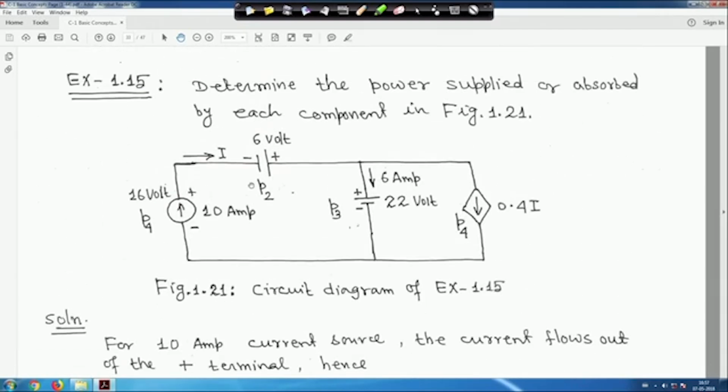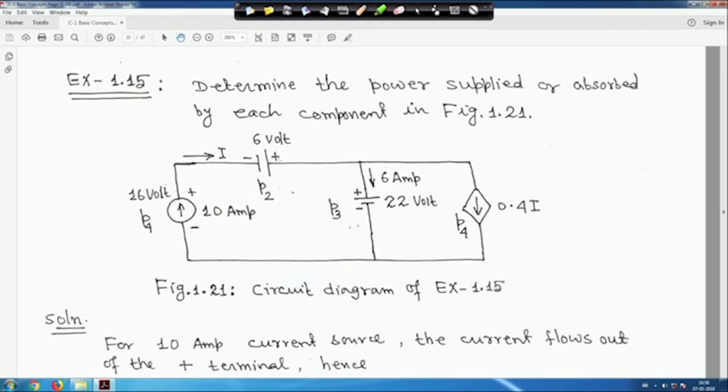Next, the 10 ampere current is entering the negative terminal, in other words leaving the plus terminal. That means the 6 volt source is also supplying power.